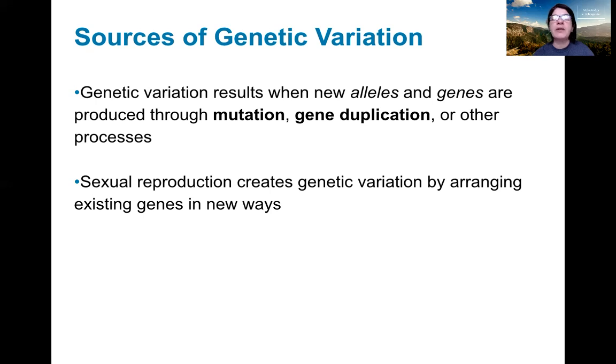It creates genetic variation by arranging existing genes in new ways. So it's important to understand the difference between the sources of genetic variation. Sexual reproduction is just a way of shuffling and redistributing genes and alleles that are already present, versus mutations and other mechanisms that actually can create new alleles and new genes.